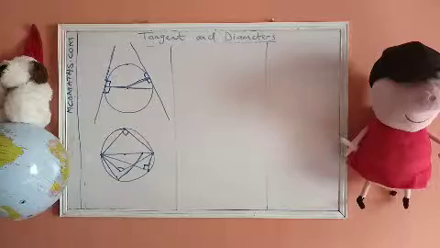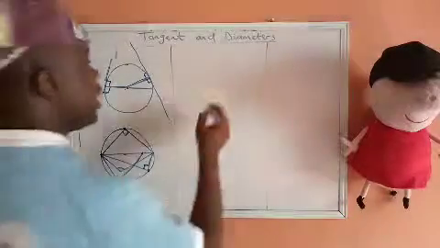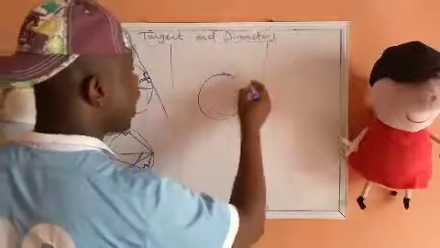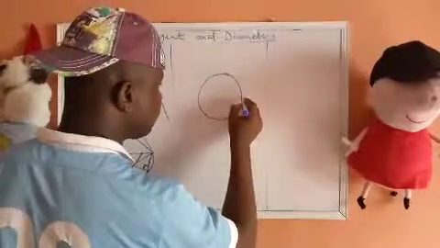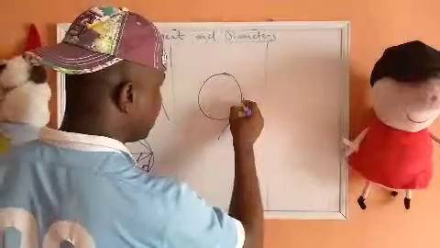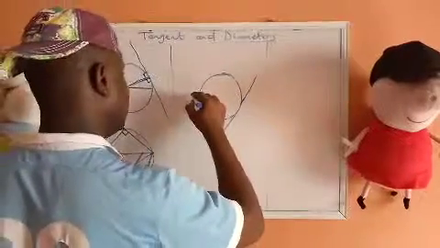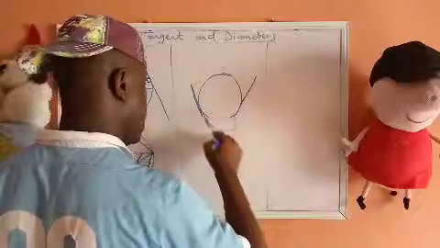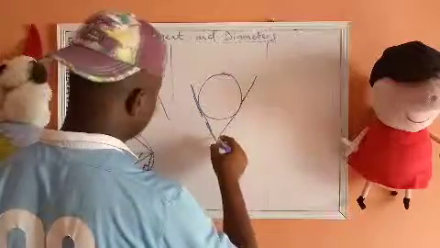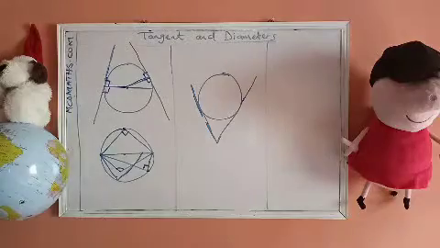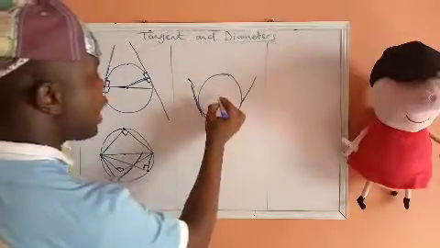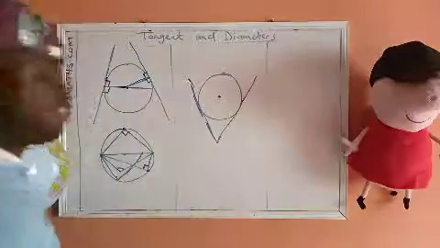That's the second part. The next part is to see if we have a circle and you have a tangent and another tangent. Please pardon my diagram. Now this is a tangent, this is another tangent, and at this point, this is the center of the circle.